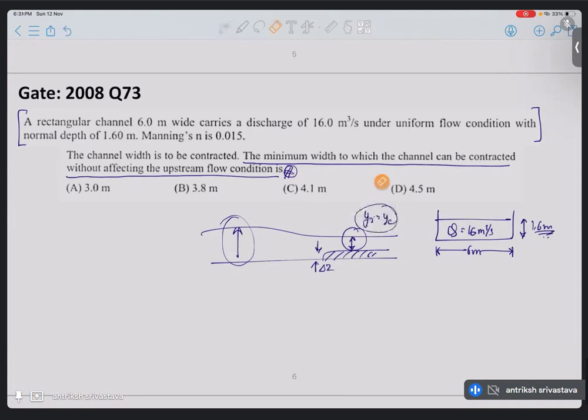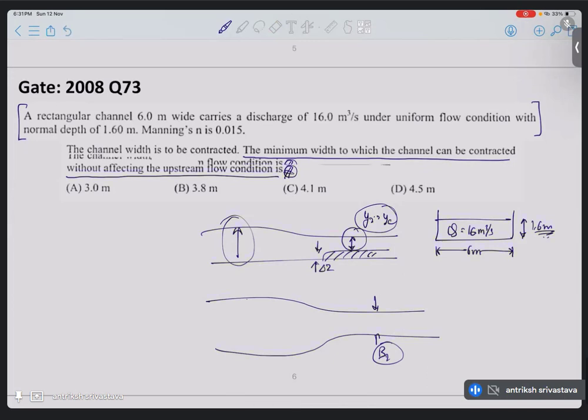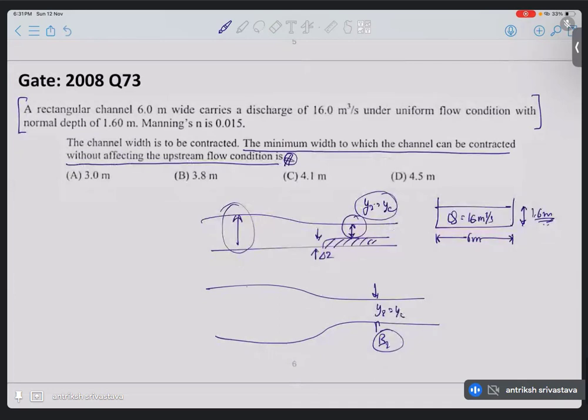This question is asking us what is the maximum contraction, or the minimum width B2, so that the upstream is not affected. This is the top view actually. That means again y2 is yc. Okay, so let's see what we can do.